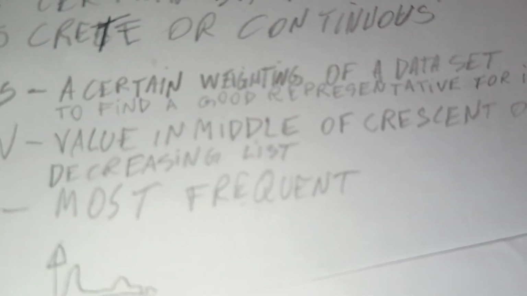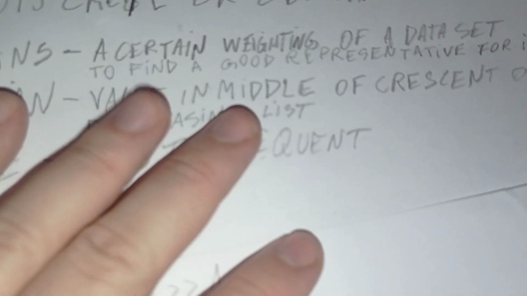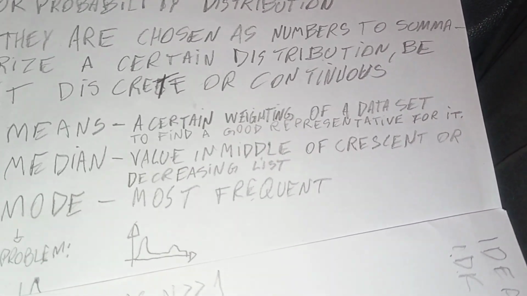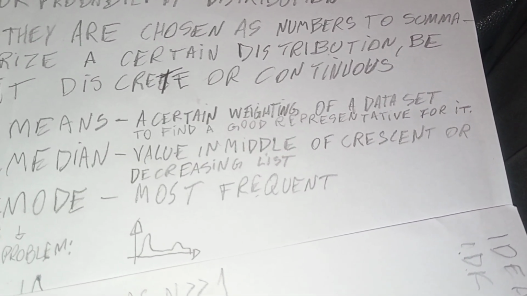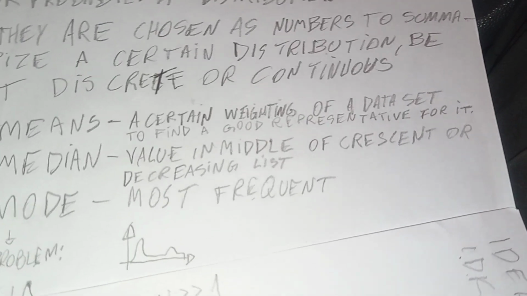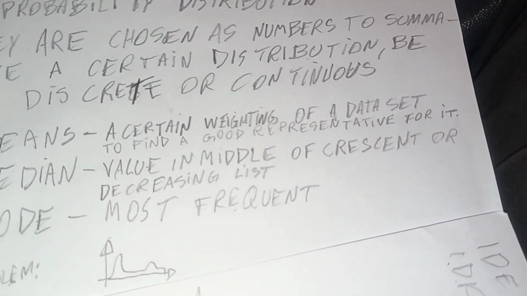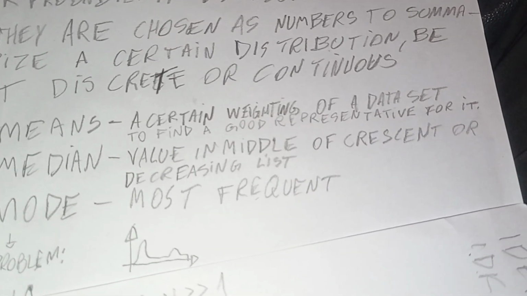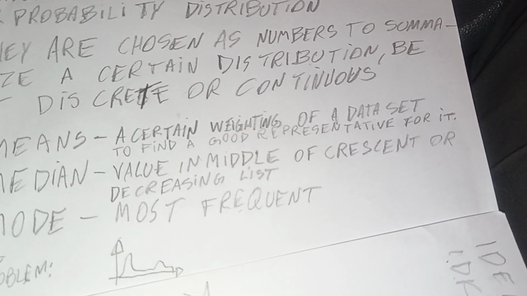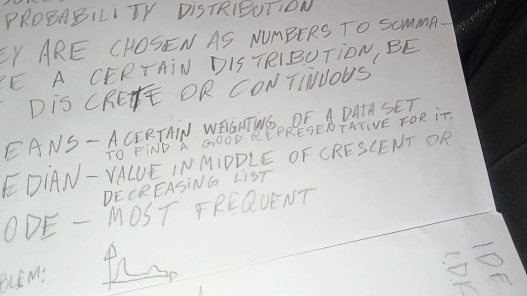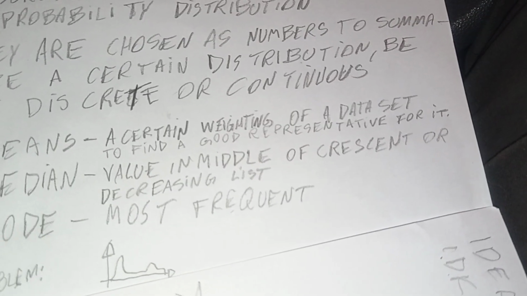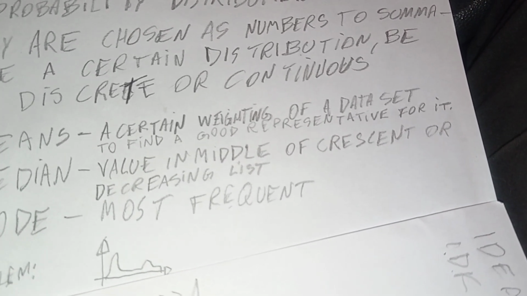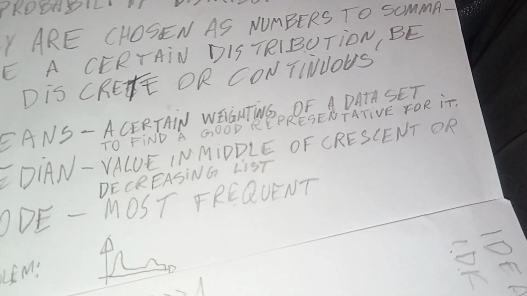Just know that it's the value in the middle, and there are ways of establishing the middle. And means are certain weightings of the data set to find a good representative for it. This is very vague for a reason, because there are ways to generalize means, and there are many ways to write means actually, and each mean is useful in a different context.